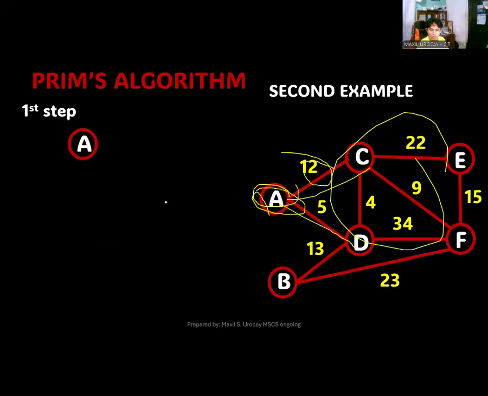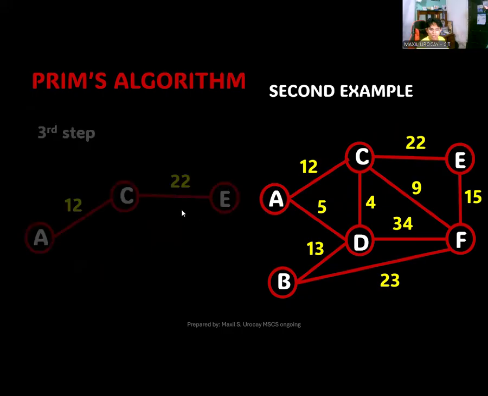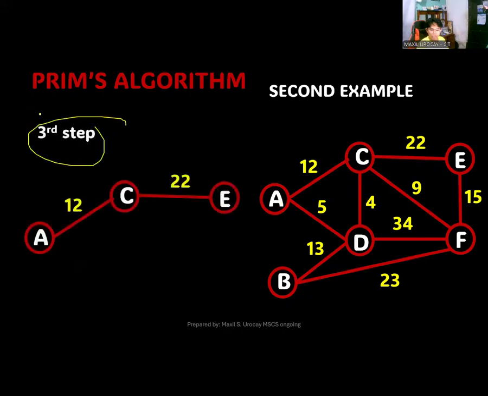You choose 12 because that is the maximum amount. For the third step, we check C: is it 22? A to D is 5, C to D is 4, C to F is 9. The maximum amount is 22, so you can choose 22.